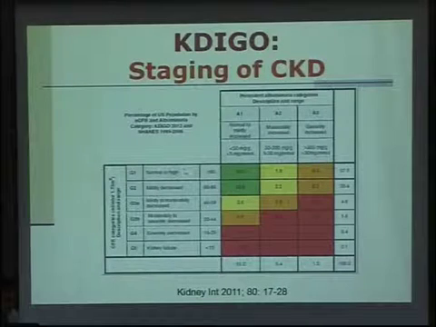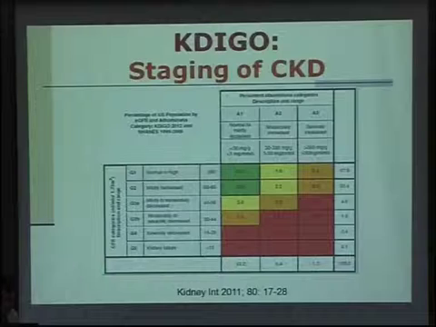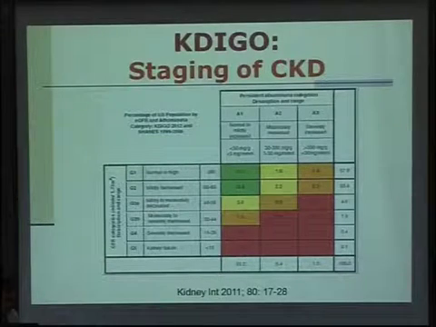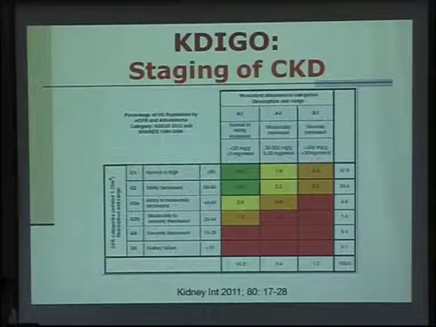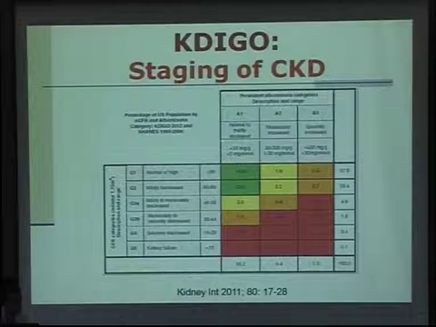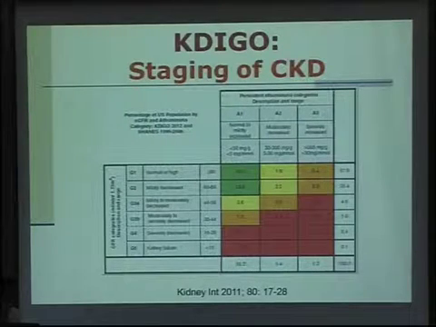So, if you have a person whose estimated GFR is above 90 ml per minute, when can I say this patient has stage 1 CKD? If you have a patient with estimated GFR of 90 or more, how can I say this person has chronic kidney disease?